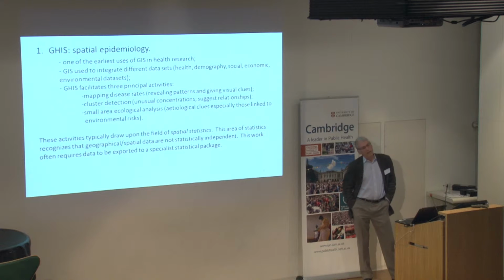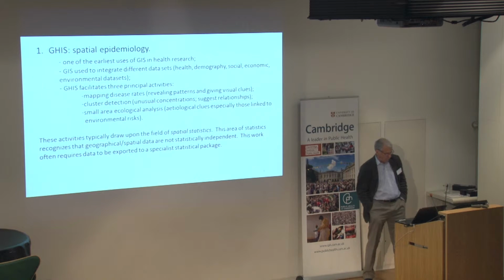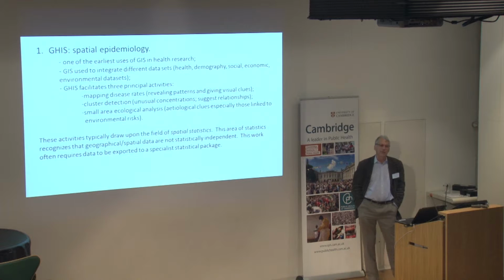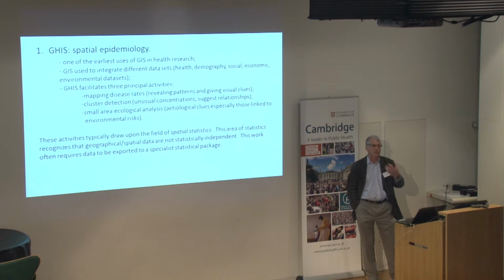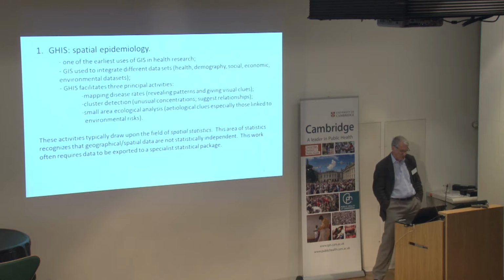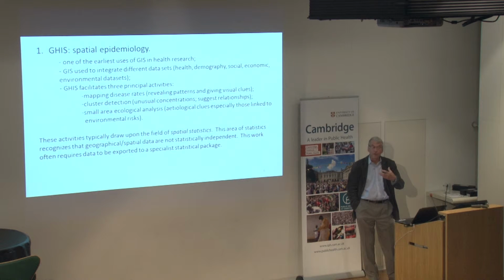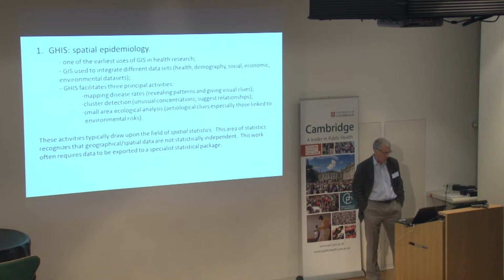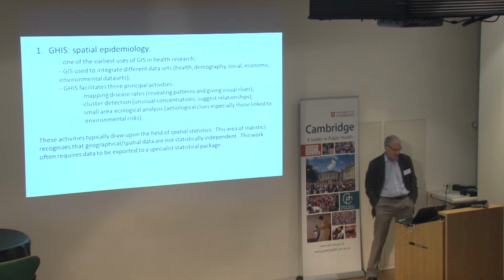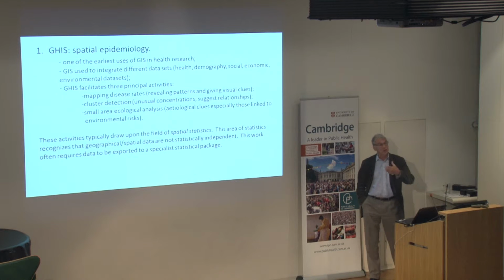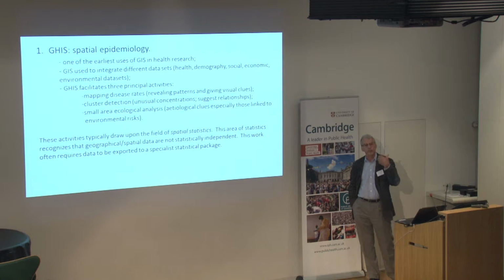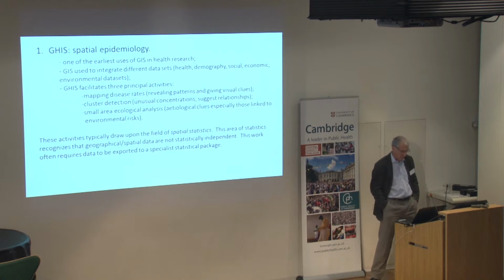It was one of the earliest uses of GIS in health research, and basically the activity that goes on within the GIS is to integrate the different sets of data which are necessary within the context of the research being proposed, or the analysis that's being proposed. So the data sets might involve health data, demography, social, economic, environmental data sets. Providing the data has a geocoding, it can go into a GIS.